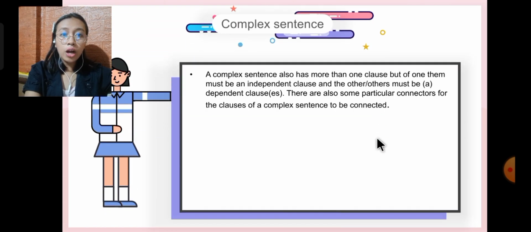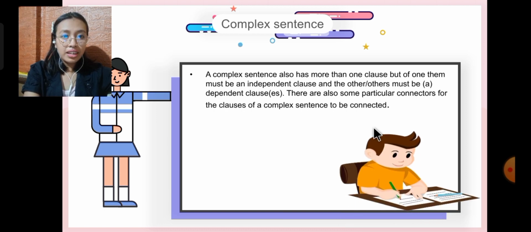Complex sentence. A complex sentence also has more than one clause, but one of them must be an independent clause, and the other or others must be a dependent clause or clauses. There are also some particular connectors for connecting these clauses. Example: I know that you always wanted to become a writer.